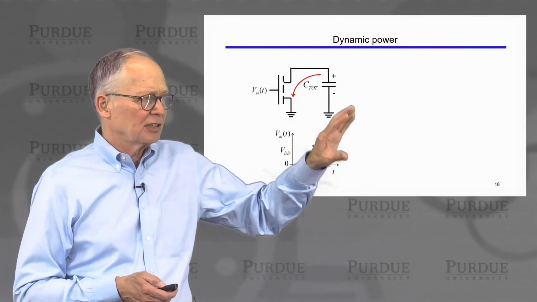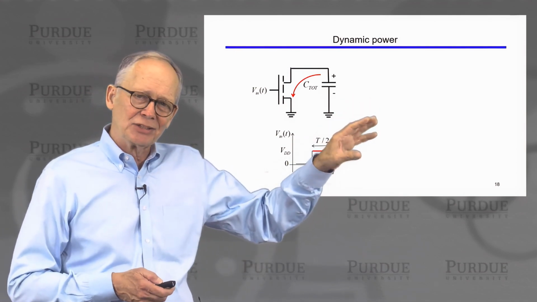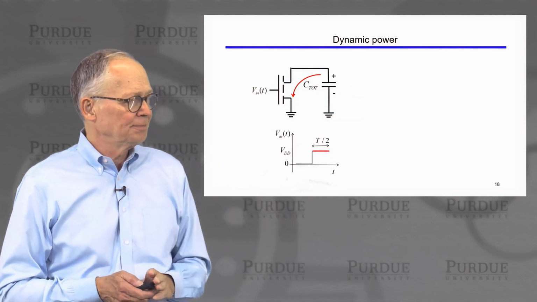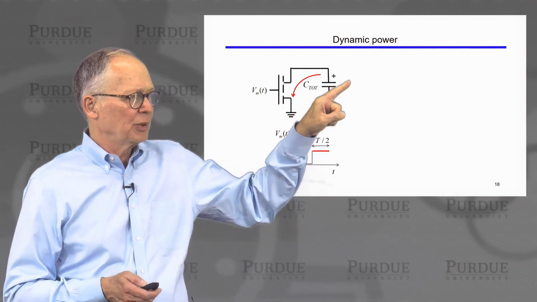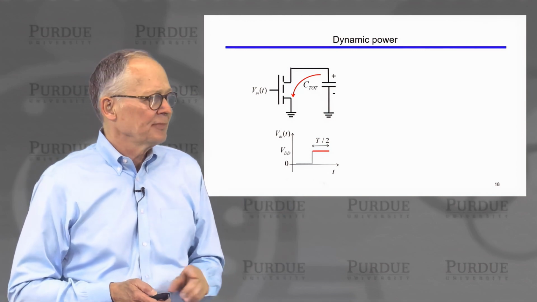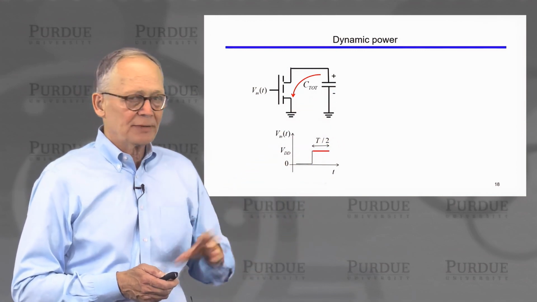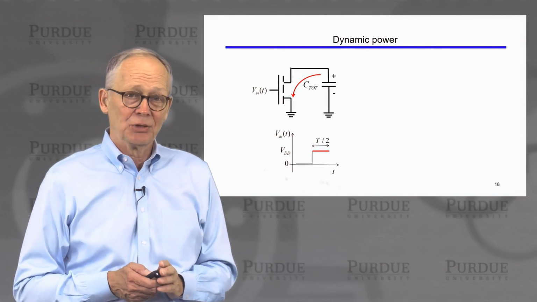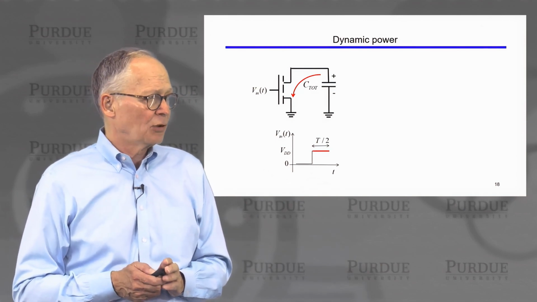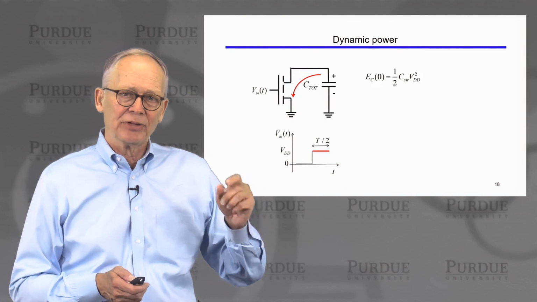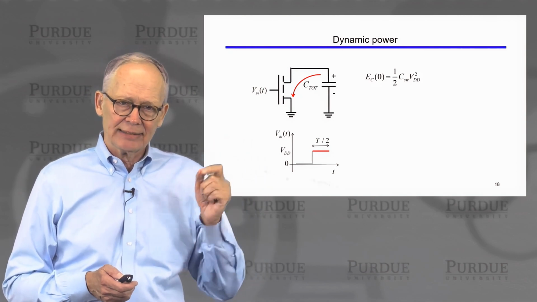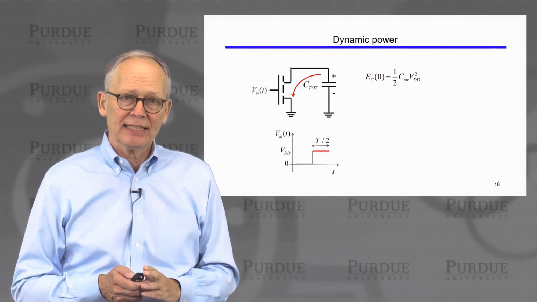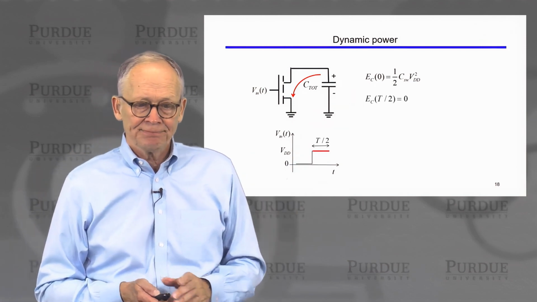So let's look at that. Let's just look at the discharge cycle. You can actually show that the same amount of power is dissipated on the charging cycle. So on the discharge cycle, we have a capacitor that's charged up, and we are discharging it through the transistor to ground, and we're asking, what's the power associated with that? All of that will take place during the half period when the signal on the gate is high. Well, initially we stored an energy 1/2 CV squared on the capacitor.